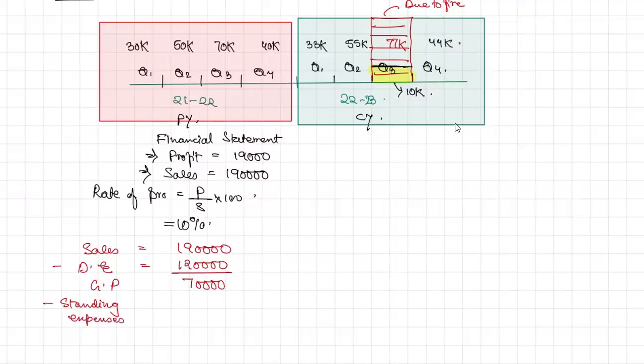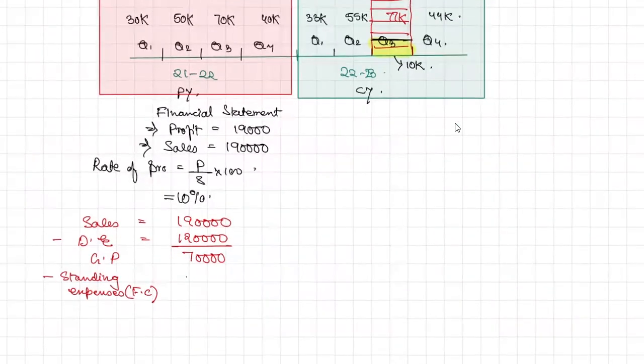These are the fixed costs. Iska matlab kya hota hai ki aap kuch karo chahe na karo, dhandha karo ya na karo, inke expenses aapko bear karne padenge. For example, rent of the factory, for example salaries. Correct. For example, if you have taken any loan, then interest, no matter whether you're doing some business or not, you have to pay those expenses. So I'm taking only standing expenses. So suppose my standing expenses were 30,000.